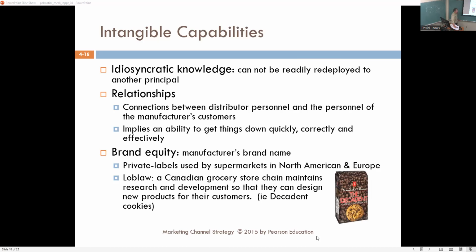The last is brand. The manufacturer's brand name, or any of the private labels across the United States and North America, Europe. Europe is much more heavily invested in private label brands than we are. Not that we're not in the game itself, but we have a lot of brands out there that satisfy the market and do it at a pretty reasonable price.